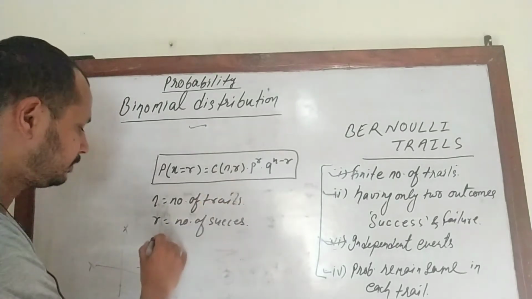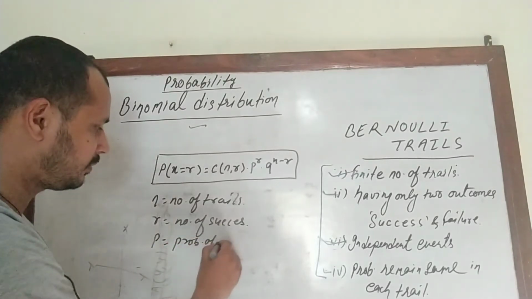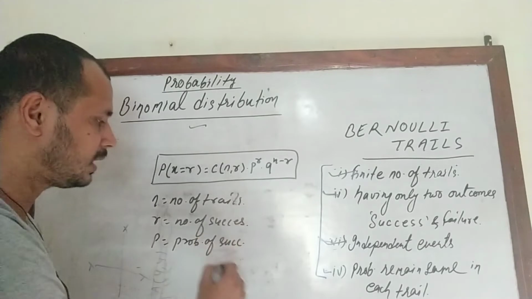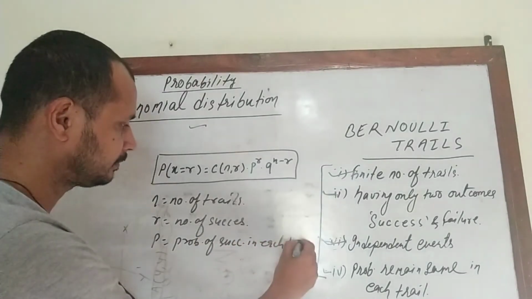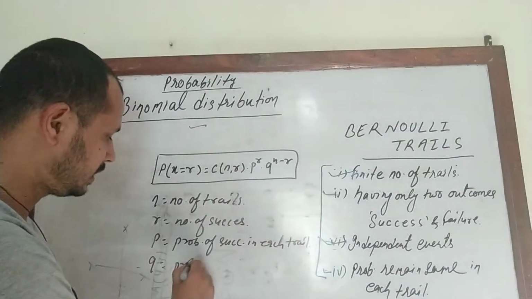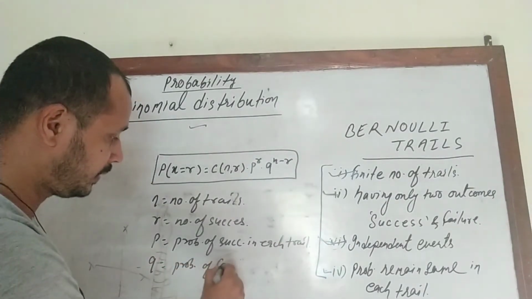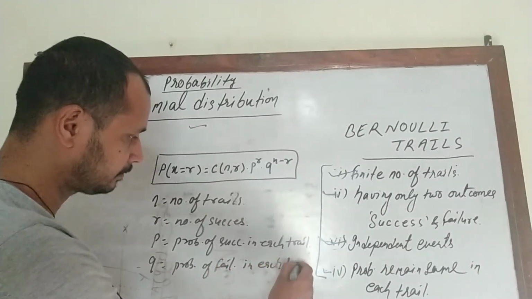Then p is the probability of a successful outcome in each trial. And q is the probability of a failure outcome in each trial.